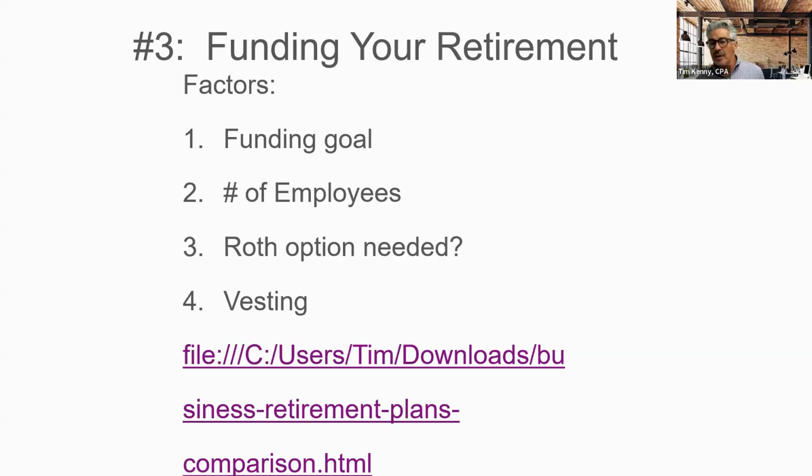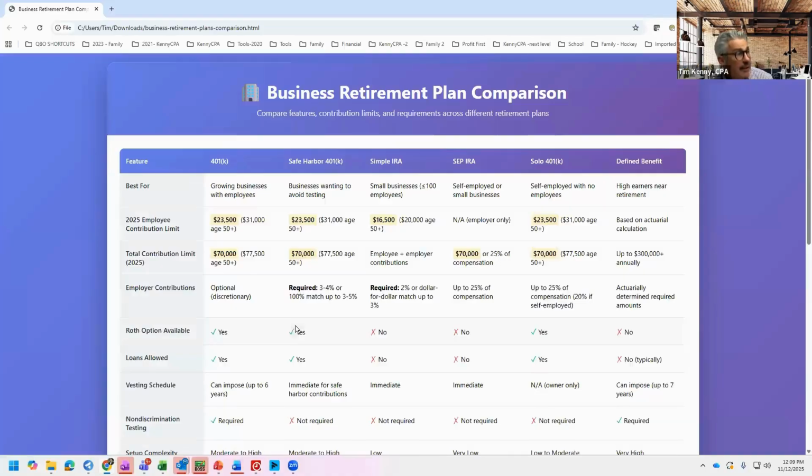Some of the factors that go into determining whether one plan is better for you are your funding goals, how much money you actually have to put into retirement plan expenses, your number of employees, whether you need a Roth, and whether there's any vesting that you want to deploy. So we put together this chart, and let's get it on the screen.